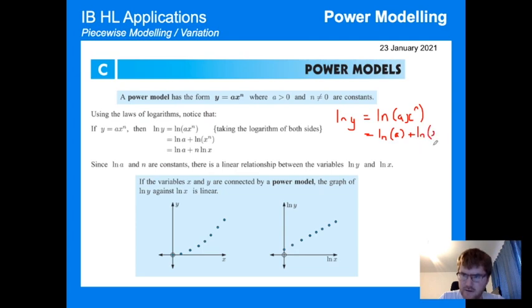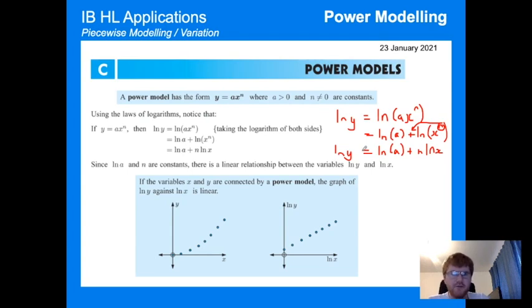Remember, x is my variable. And then by my next law of logs, I can take the n here and bring it from the back to the front. That gives me then the natural log of a plus n ln x. And this is all equal to the natural log of y, like so.